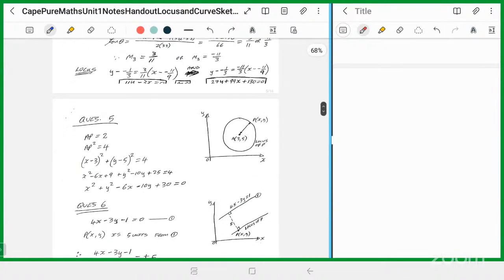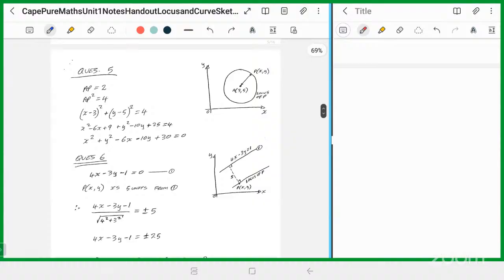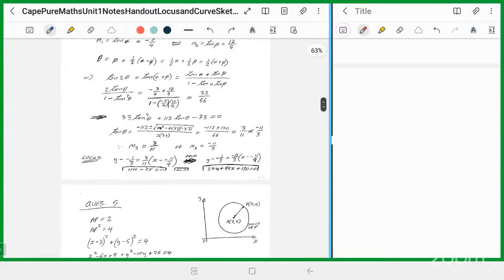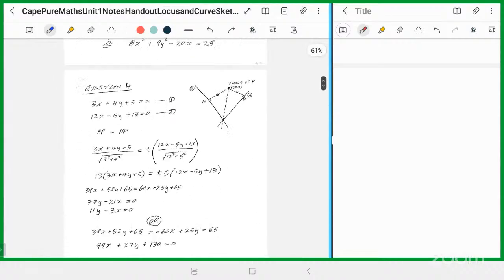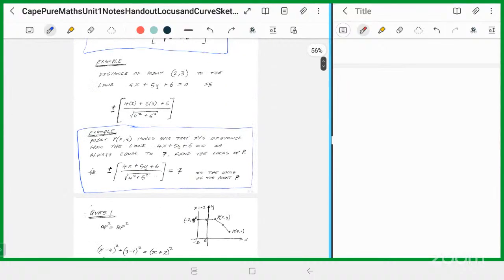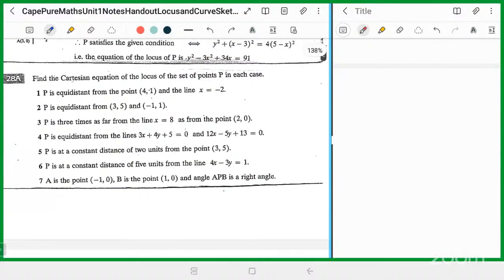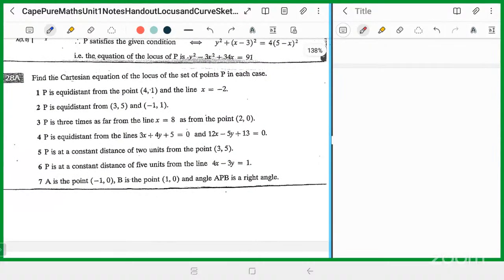I didn't make any notes because locus was not on the syllabus originally when we started Pyramus, and then it came onto the syllabus. That's why I have this thing in this format. But these are the questions. These are some examples right down here.